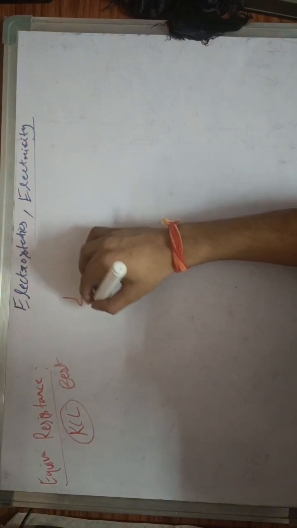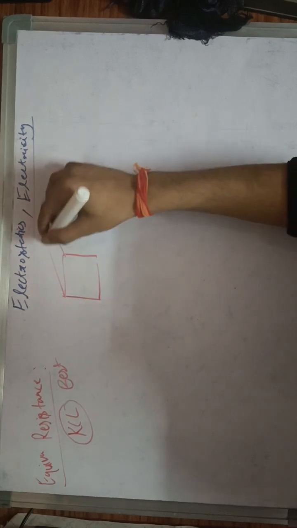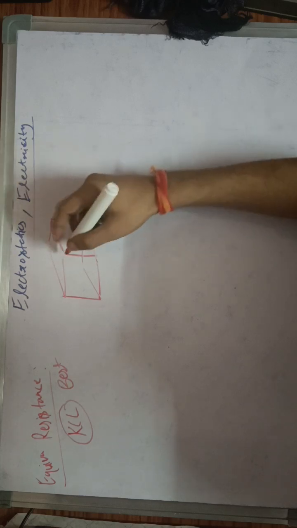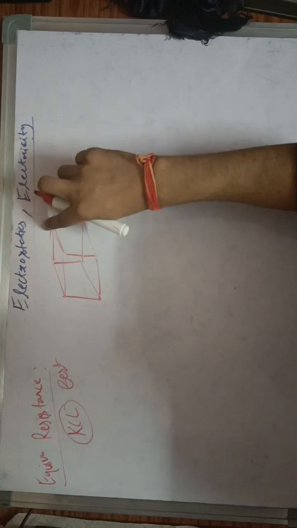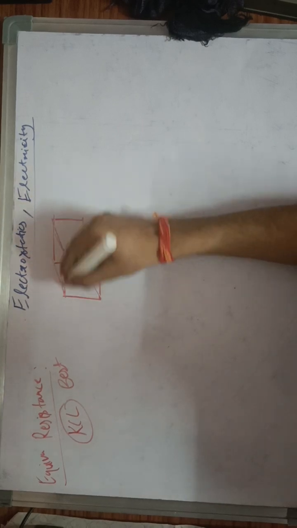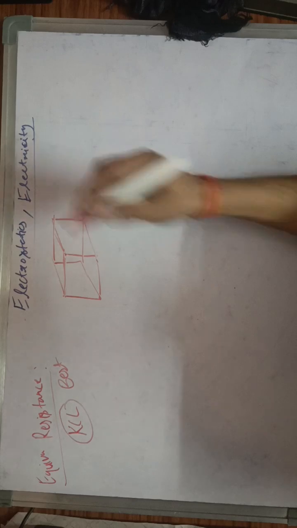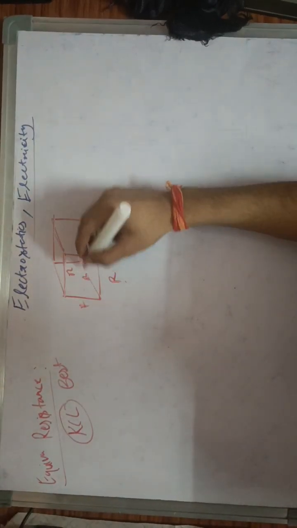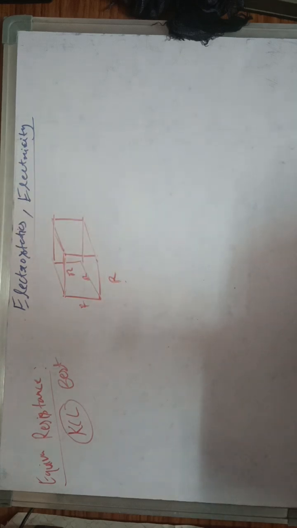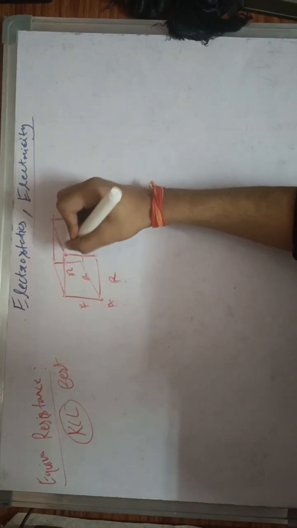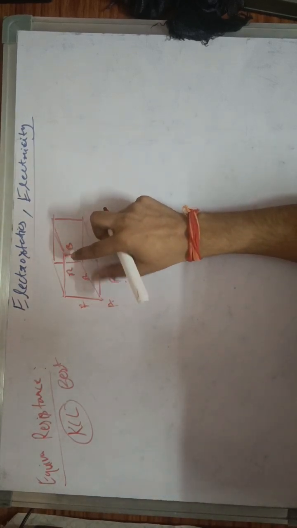For example, there is a cube here, and each of these lines I have drawn is of resistance R. All are of resistance R. Now I can ask, let's say this point is A and this point is B. These are the diagonals on the same face.